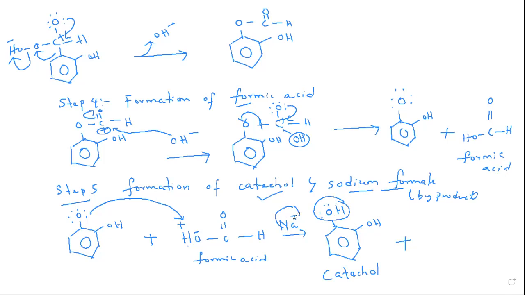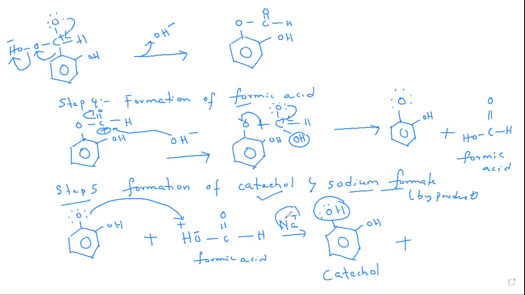Don't be confused. If you remember this step number 1, okay, when we are reacting this hydrogen peroxide with sodium hydroxide, okay, the negatively charged OH minus has reacted with positively charged H plus, and we have removed water molecule there, but we have not reacted with sodium.